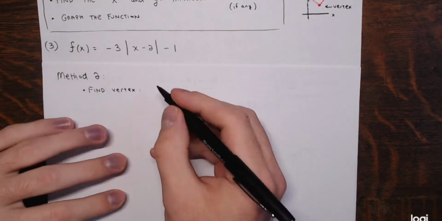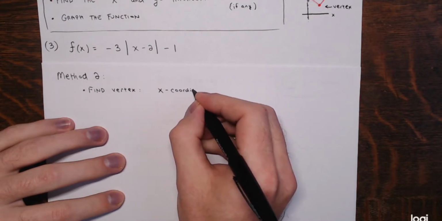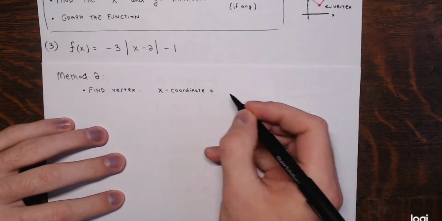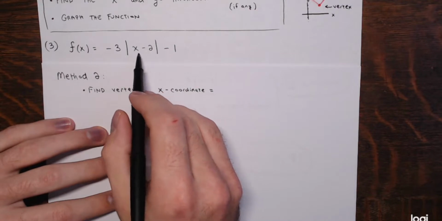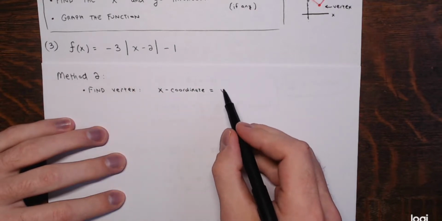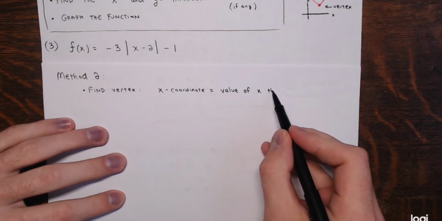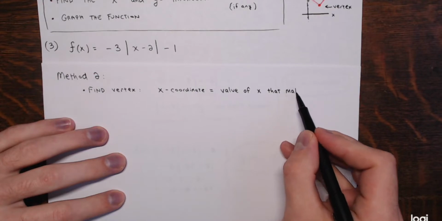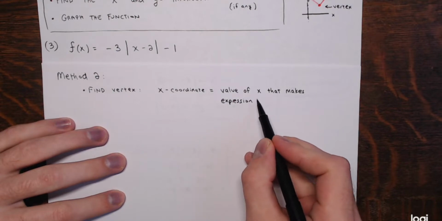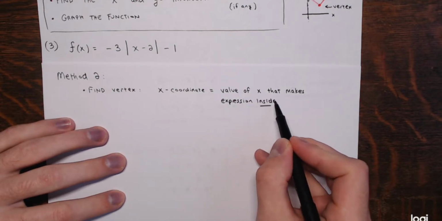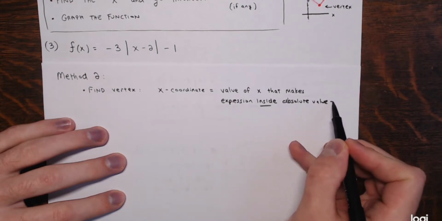Now the x-coordinate is simple. The x-coordinate of the vertex is simply the value of x that makes the expression inside the absolute value symbol equal to 0.